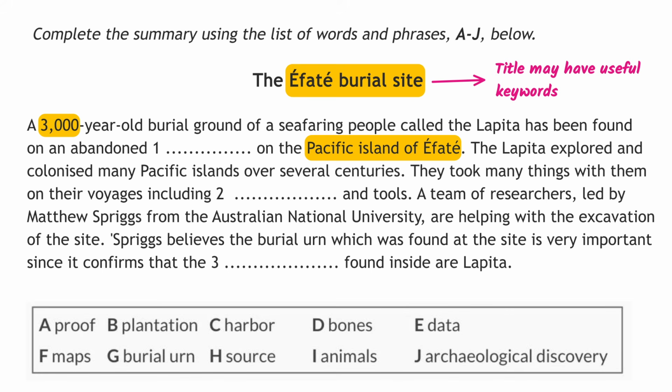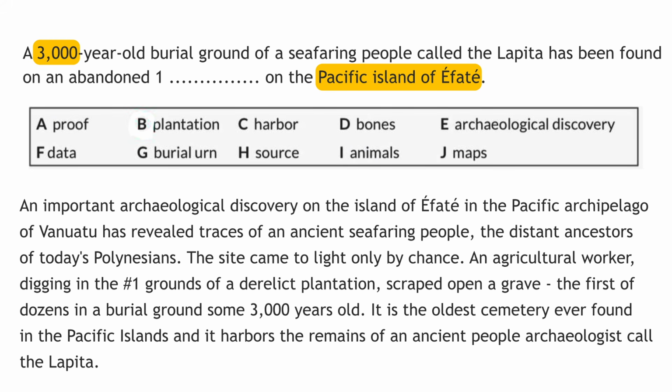Once we try to find these two keywords, we come across this paragraph in which, at the end of the paragraph, there is 3,000 years old and also Pacific Islands, Lapita. Once we find our keyword, which is 3,000 years old, we start reading that sentence, not from the beginning of the paragraph first.